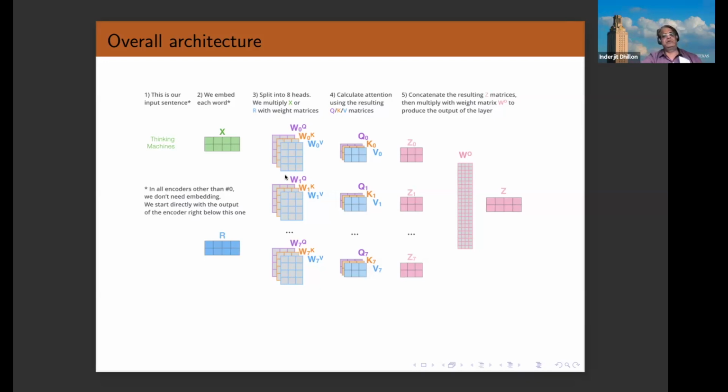Okay, questions so far? A couple of questions, mate. Yeah. So these heads, structurally, are exactly the same. So I suppose when we train these, we try to initialize them differently to break the symmetry, right?